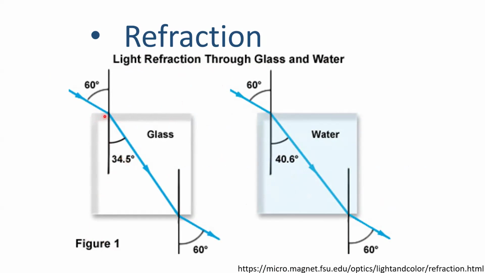And the area where the air meets glass, or the air meets water, this is the interface. Now, the line that is perpendicular to the interface, we are going to call that the normal.